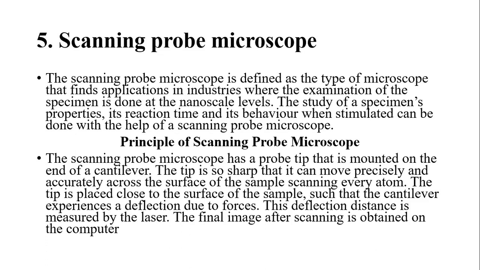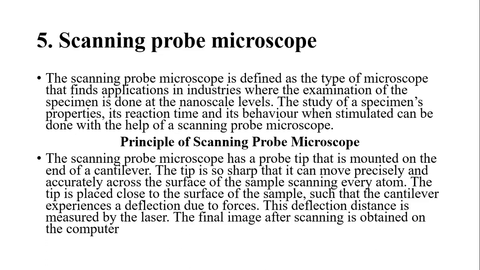The tip is so sharp that it can move precisely and accurately across the surface of the sample, scanning every atom. The tip is placed close to the surface such that the cantilever experiences a deflection due to forces. This deflection distance is measured and the image is obtained on the computer. Yeah, that is all about the scanning probe microscope.